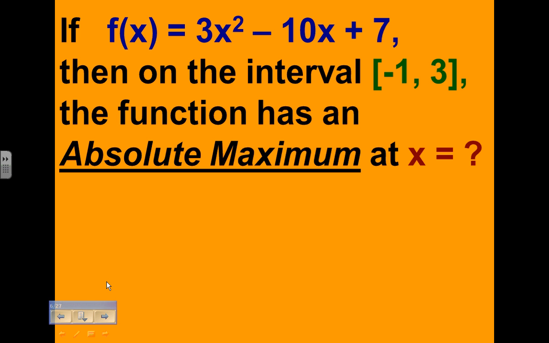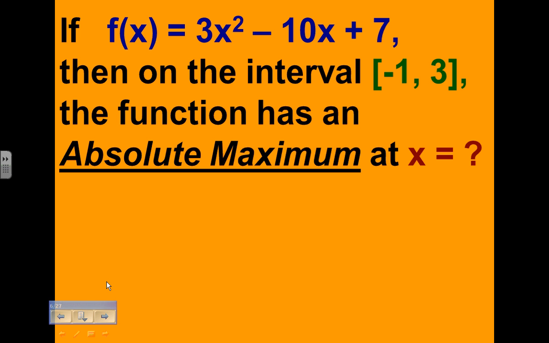For the first one, f of negative 1 equals 3 plus 10 plus 7, so it equals 20. F of 3 equals 27 minus 30 plus 7, so that equals 4. Now I have to find where the derivative equals 0. 6x minus 10 equals 0, x equals 5 thirds.